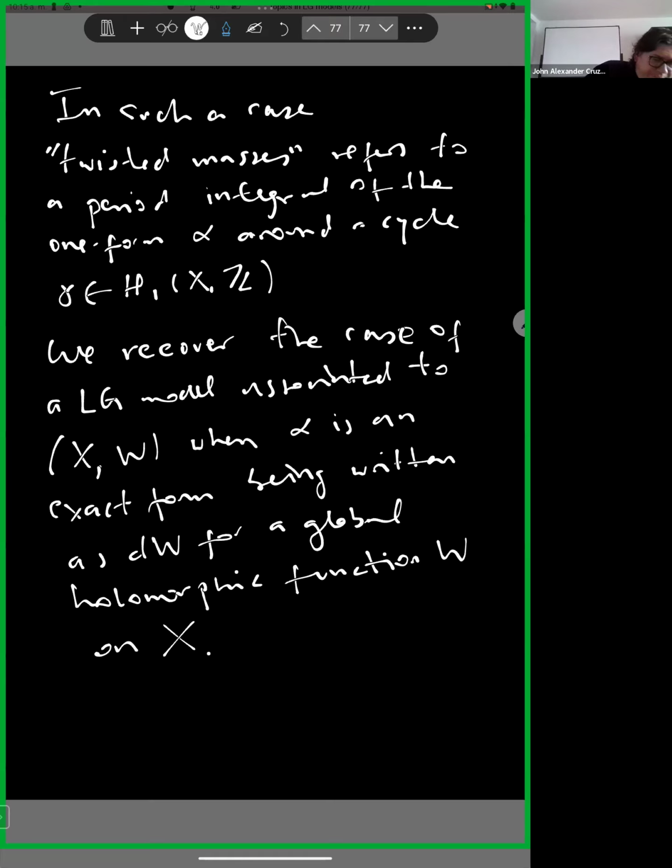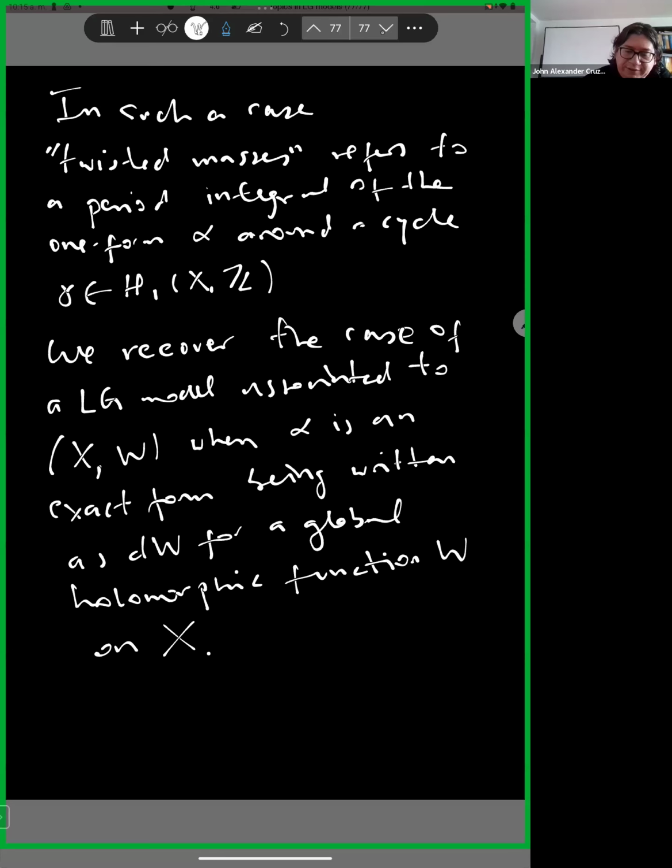In summary, a Landau-Ginzburg model with twisted masses is just a theory defined by a closed holomorphic one form.